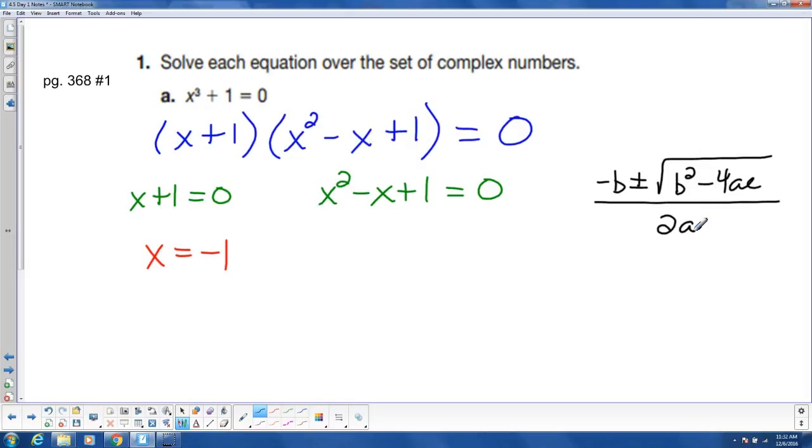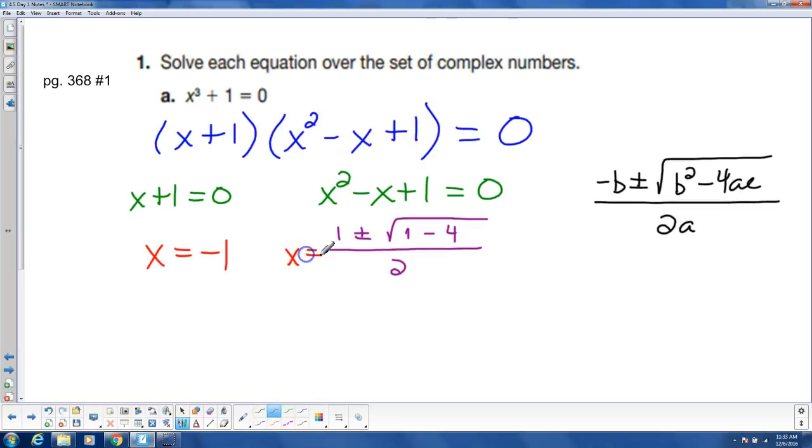So that's going to be opposite of negative 1 is positive 1 plus or minus the square root of negative 1 squared is positive 1 minus 4 times 1 times 1 is minus 4 all over 2 times 1 is 2.